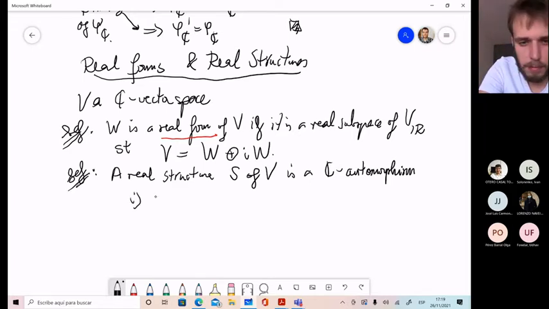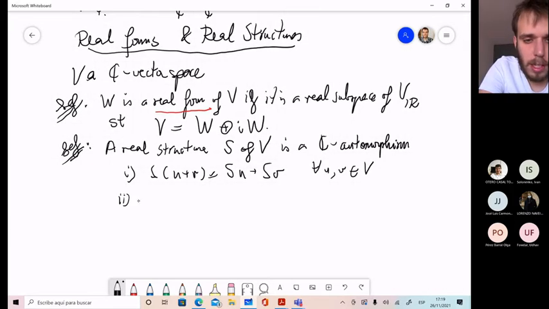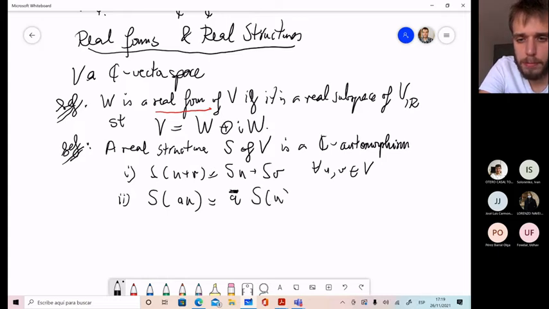The first one is that it takes out the sum of vectors. The second one is that if you multiply by some complex scalar, some complex number, you have to conjugate if you want to take this scalar out.